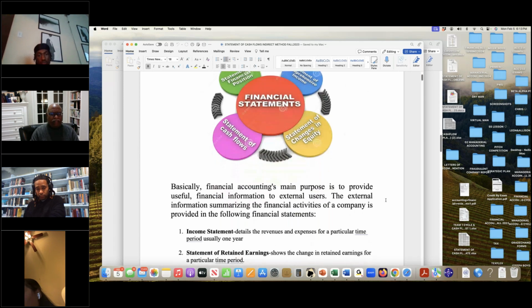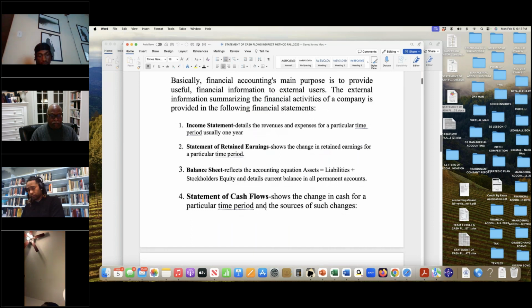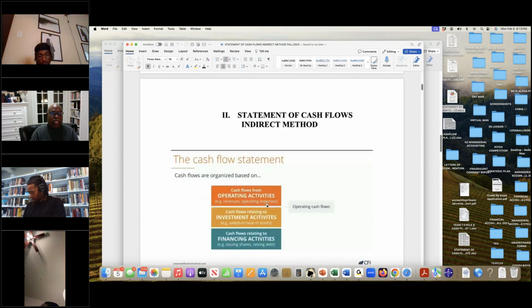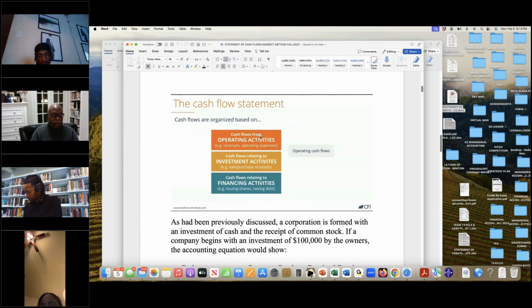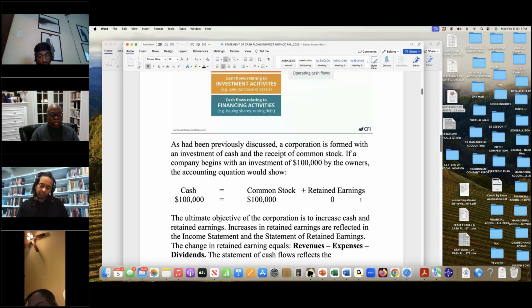And we said we have to be aware. We can't just look at an income statement, a statement of retained earnings, and a balance sheet. We have to see what's happening with the cash in the company. That statement has 3 parts: operating, investing, and financing. The purpose of a company, once it's formed with cash and the owner putting in common stock, is that this cash needs to go up, hopefully through earnings. So that's the goal of what the company is doing.